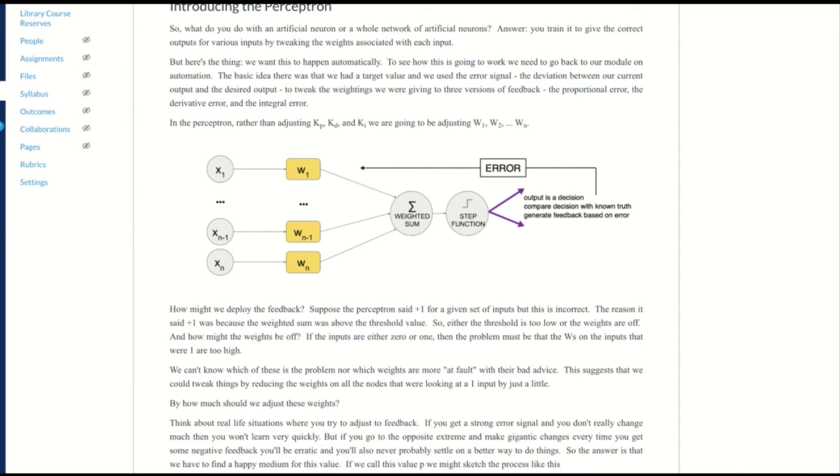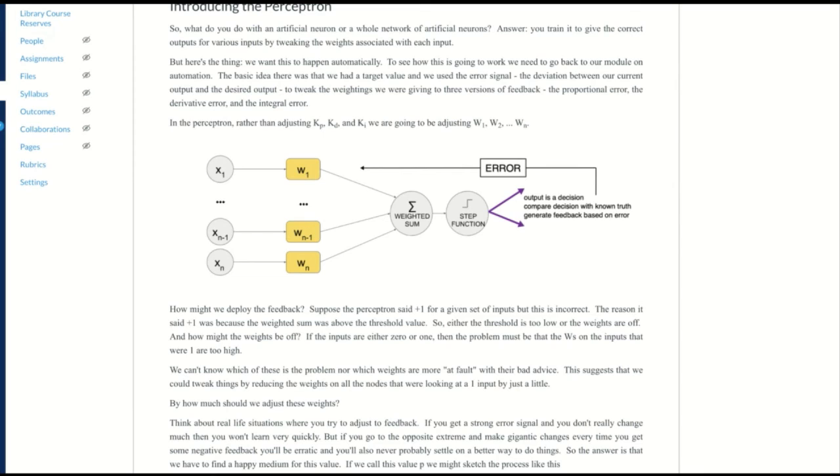And what we're trying to do is to come up with a set of weights that is going to make it so that this little network gets the answer correct for any set of inputs that it could get.